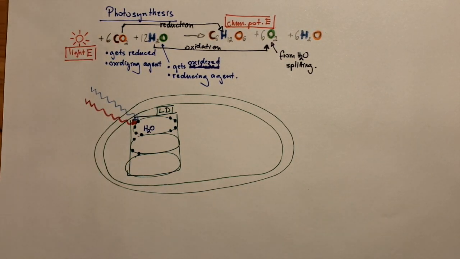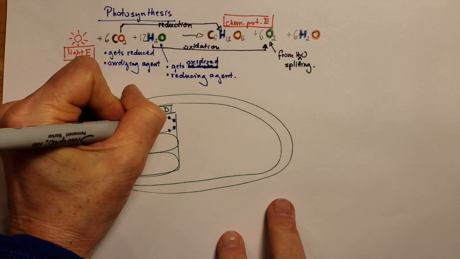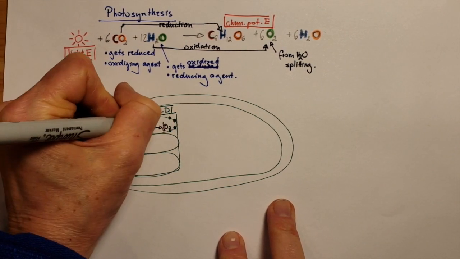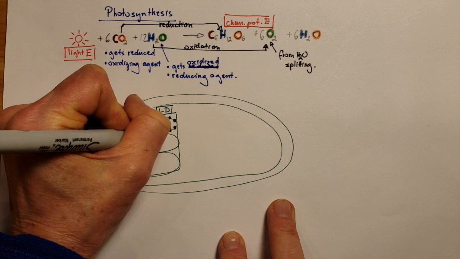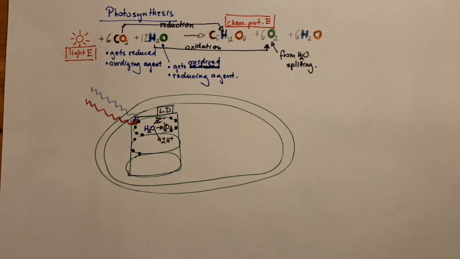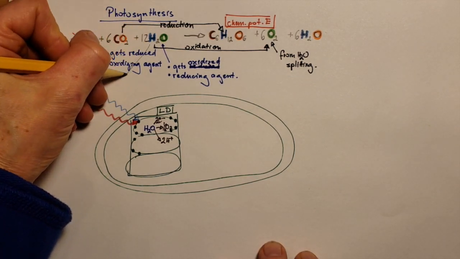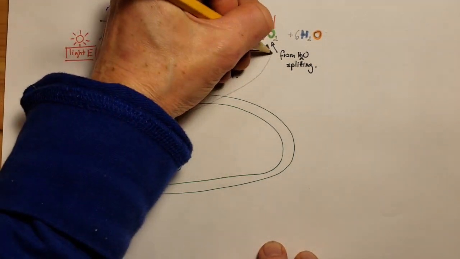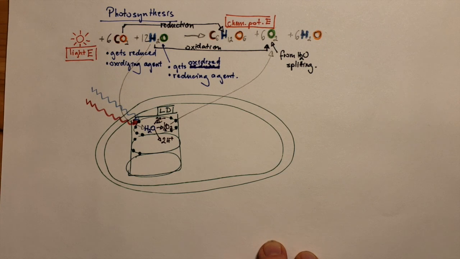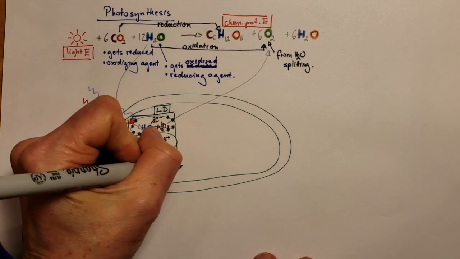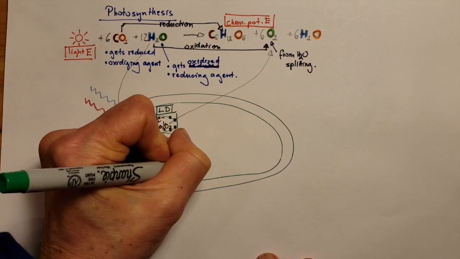The water inside of the thylakoid membrane splits into electrons, hydrogens, and oxygen. So the water goes in, and the oxygen is the byproduct, leaving the plant through the stoma.